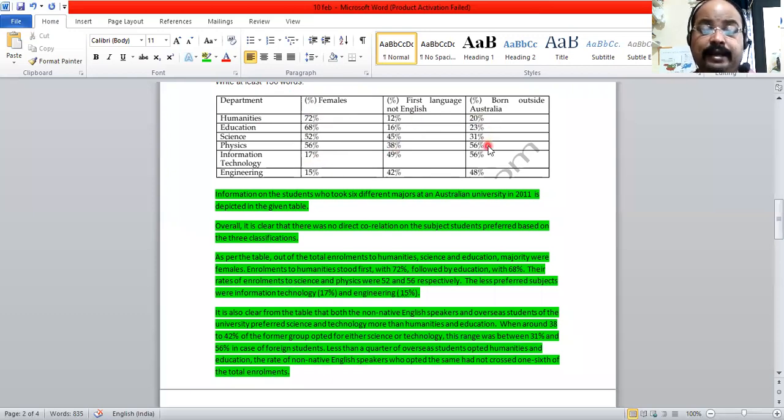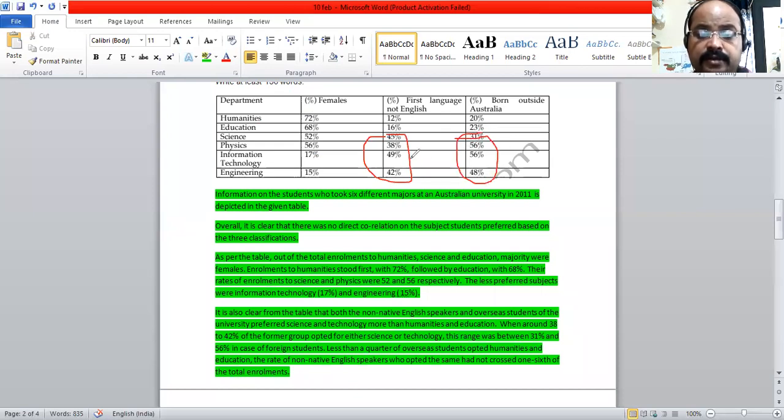rest two categories. It is also clear from the table that both the non-native English speakers, this is the group, and the overseas students, this is the group, of the university preferred science and technology more than humanities and education. You can see this particular group and this particular group.